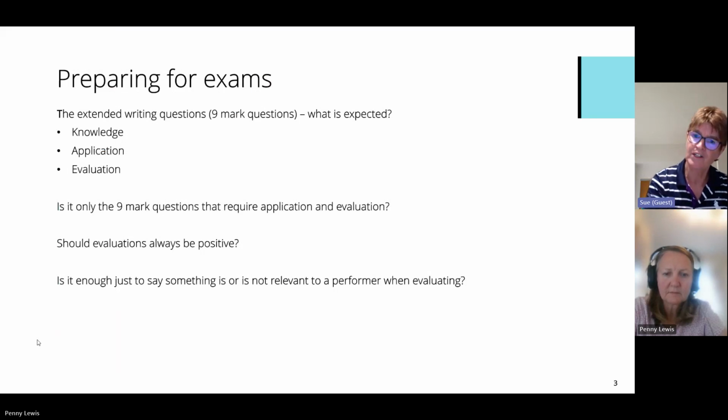In order to move into the next marking band, in order to get 4, 5, 6 marks, etc., there needs to be application and evaluation if they want to progress through the levels.